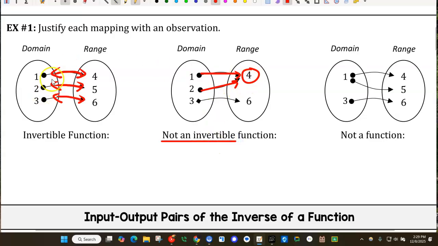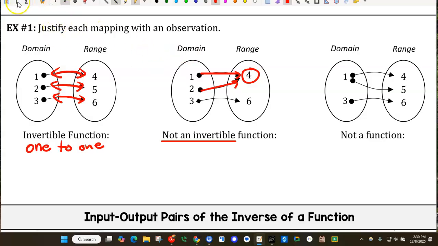So this process of having just one to go to, 1 maps to 4 and 4 maps back to 1, that's called actually 1 to 1. So if all of the values map one number to one number and there's nothing repeating, you can definitely get an inverse.